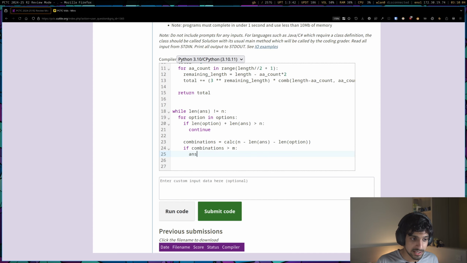So therefore, we can add the option to answer, which is the final answer string. Since at this point we've figured out what goes in this character space, we can break.